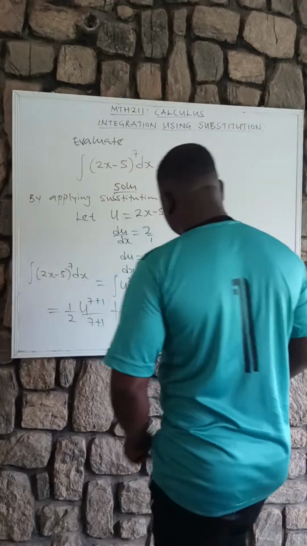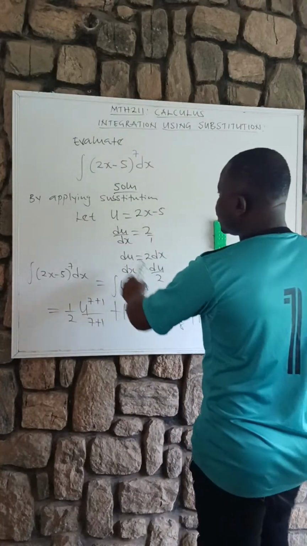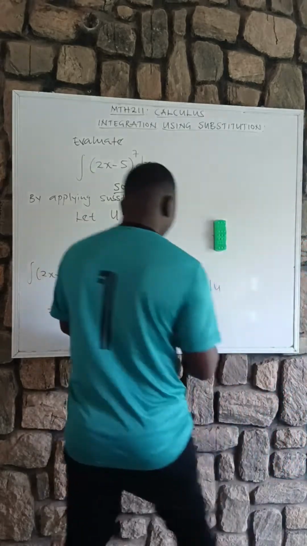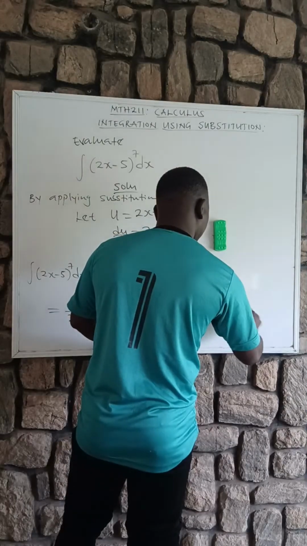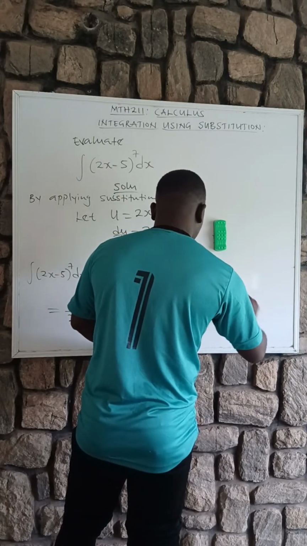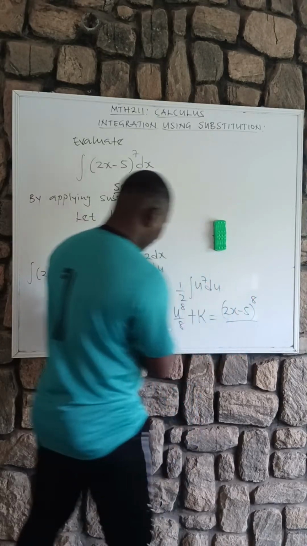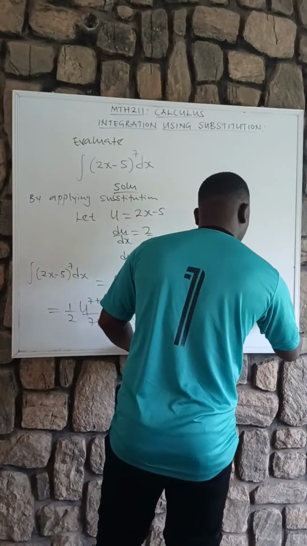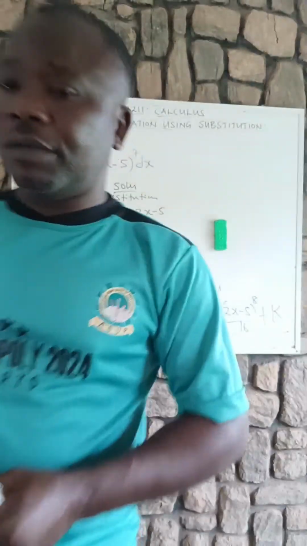But note that we can multiply these to give us 16. Our u is 2x minus 5, so here we are going to have (2x − 5) raised to the power of 8 all over 2 times 8, 16, plus a constant. This is how you are going to solve this one.